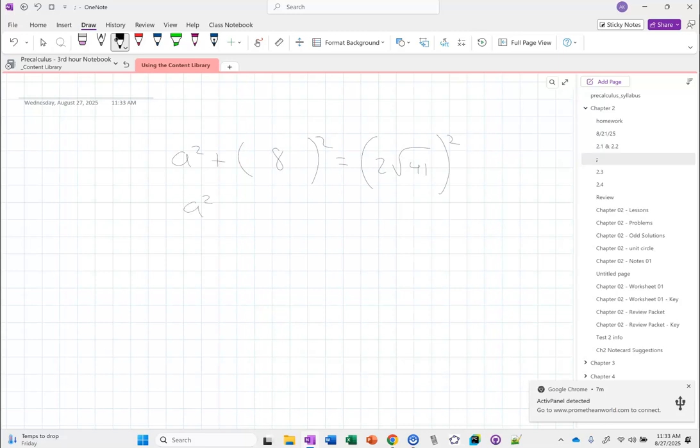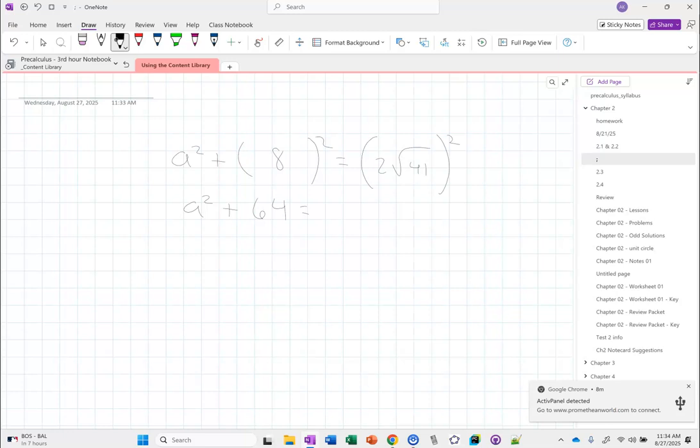Okay. What's 8 squared? 64. How do I do 2 square root 41 squared? Square the 2 and the square root comes out. You square the 2, and then when you square the root 41, the square cancels the square root.